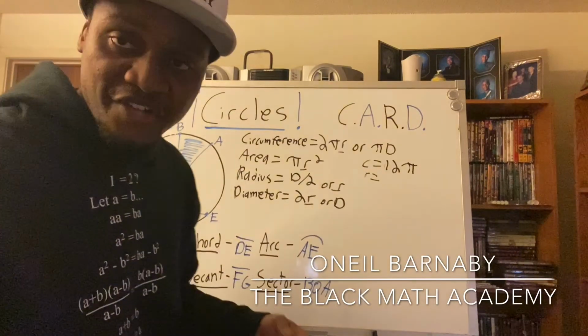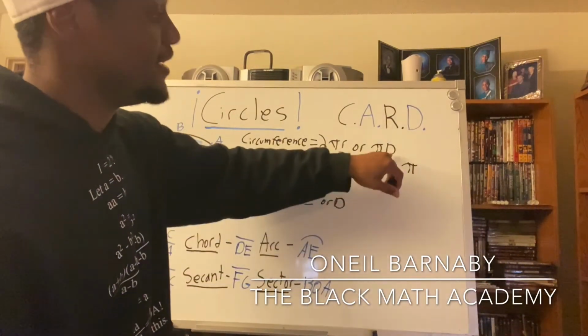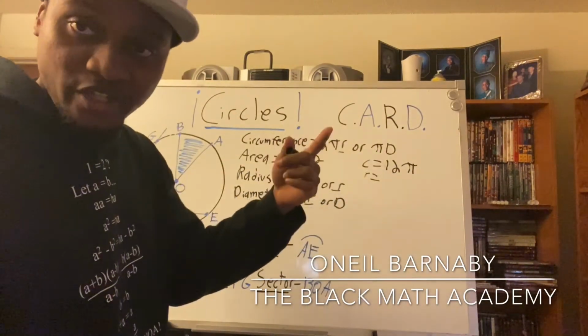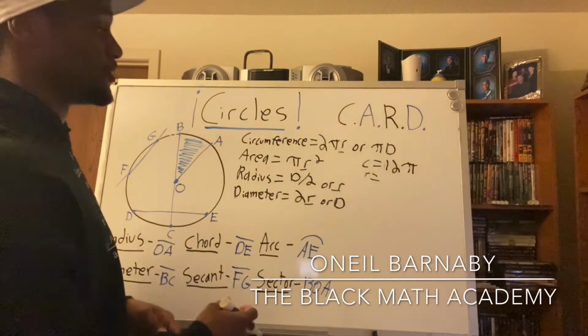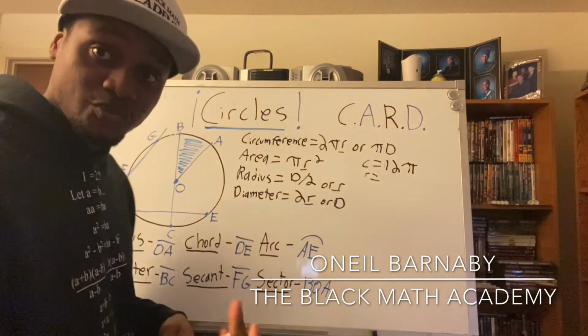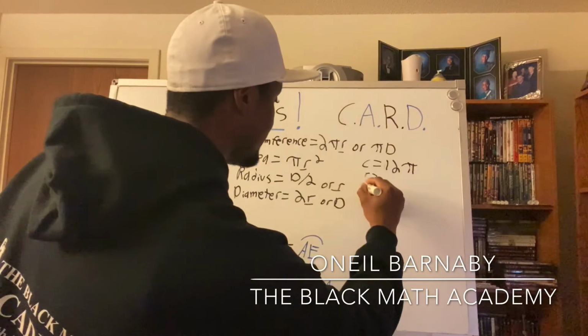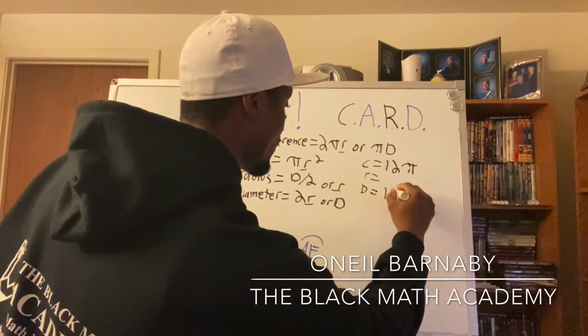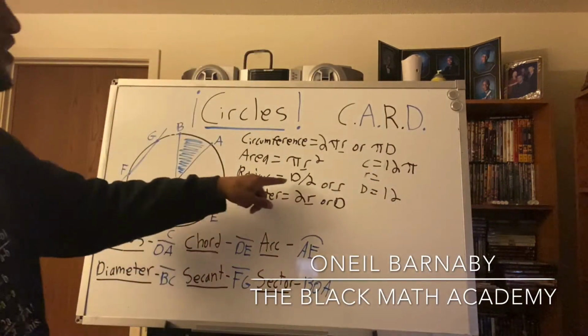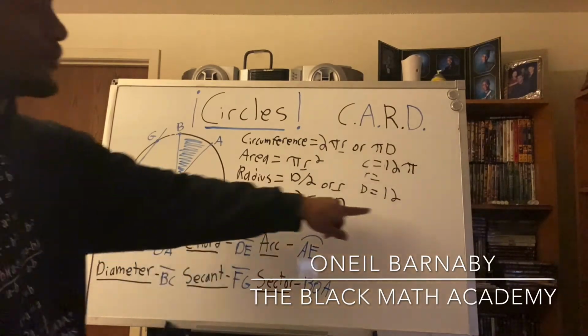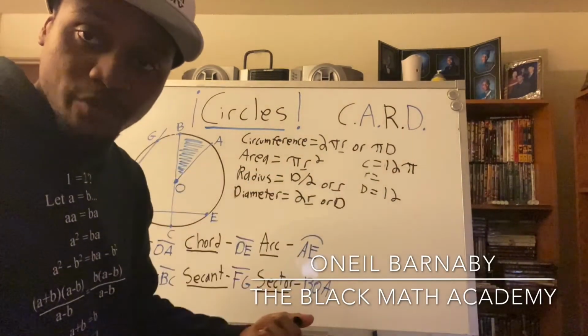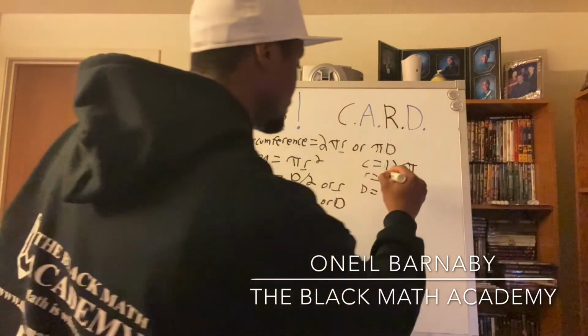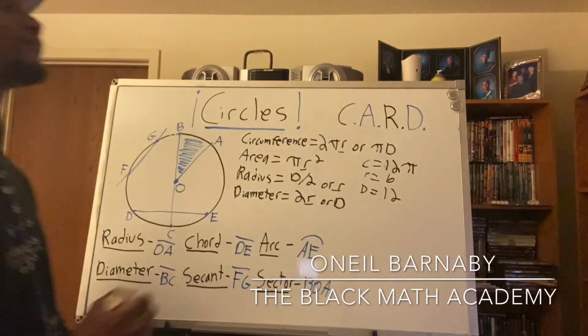So logically speaking, it makes sense that 12 is the diameter based on that relationship. So that means the diameter of our circle is 12, so we can actually write that down. And since d divided by 2 is the radius, 12 divided by 2 would be the value of our radius. In this case would be 6.